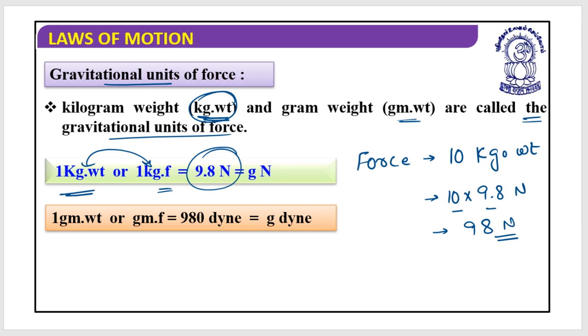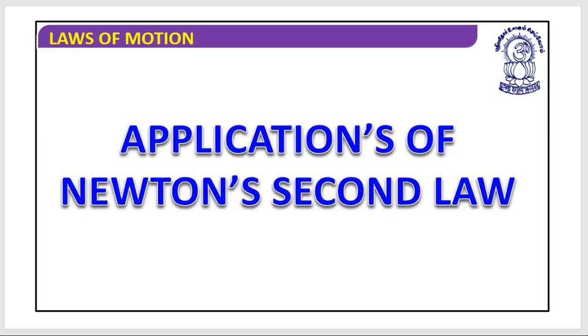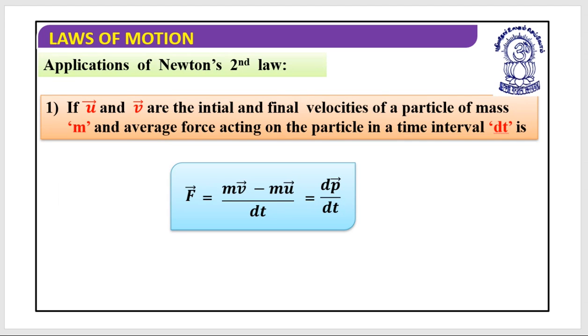Great. So let's have a look at the applications of Newton's second law. We are heading towards the applications of Newton's second law of motion. Let's suppose u and v are the initial and final velocities of a particle of mass m, and the average force acting on the particle in a time interval dt is required.